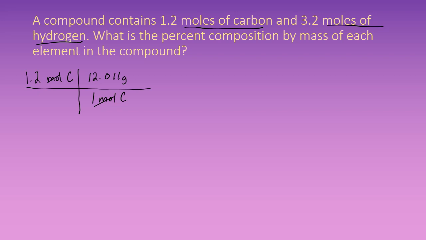And I see that the total mathematical operation will be 1.2 times 12.011 divided by 1, which is essentially the same thing as 1.2 times 12.011. So I will type that in my calculator, and I will see that my sample contains about 14.4 grams of carbon.